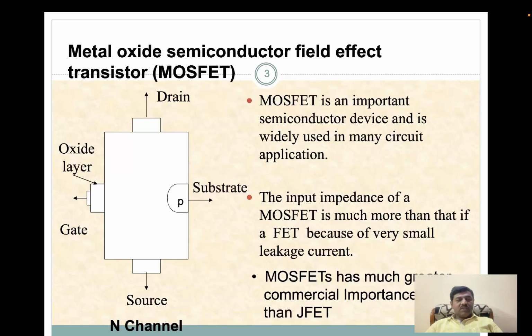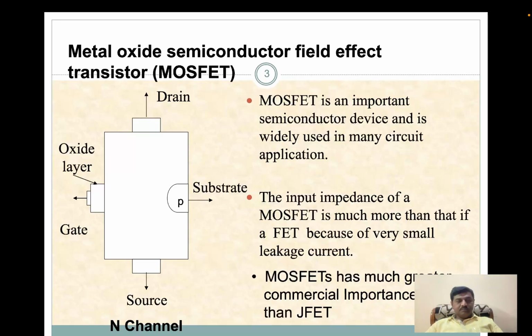MOSFETs normally occupy very small size compared to a BJT. This MOSFET occupies only 5% of the space occupied by the BJT. Apart from the size, the power consumption of this MOSFET is very less, since it has more advantages compared to other FET or BJT. This MOSFET is a widely used electronic component nowadays.